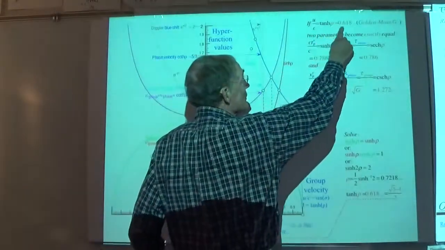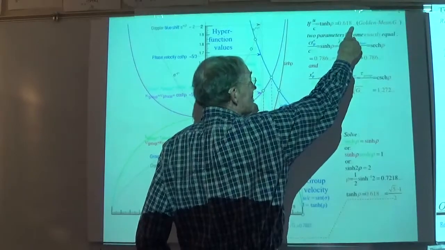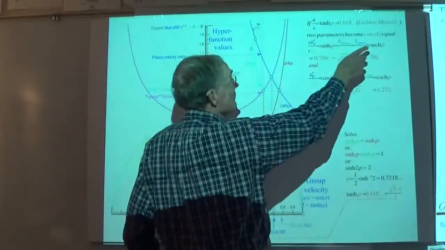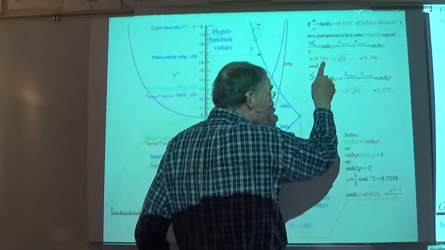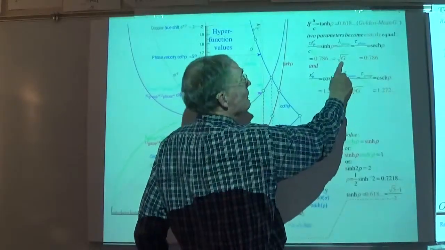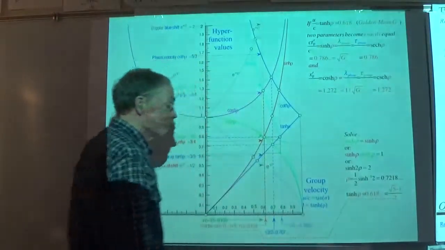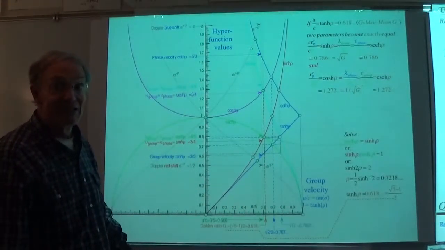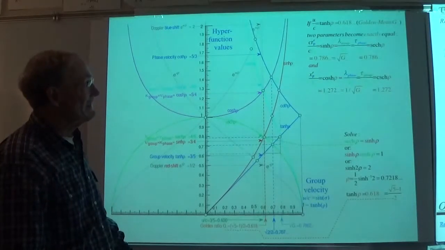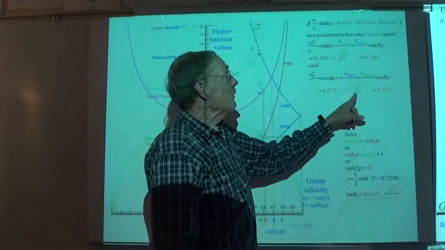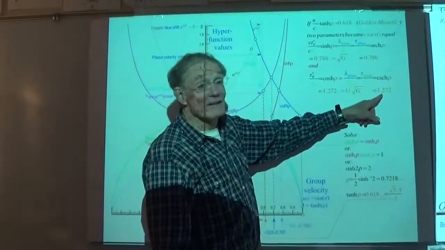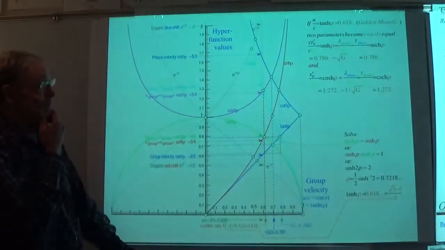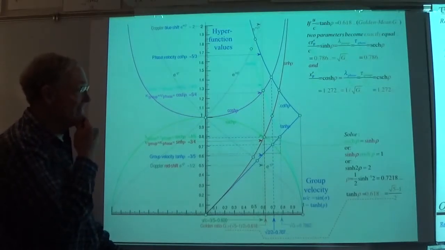At this particular rapidity, the golden mean velocity, the two parameters become exactly equal to the square root of g minus. That's what that is down there, g minus. Okay? And 1 over the square root, because those were reciprocal. Okay? That's pretty cool. All right?